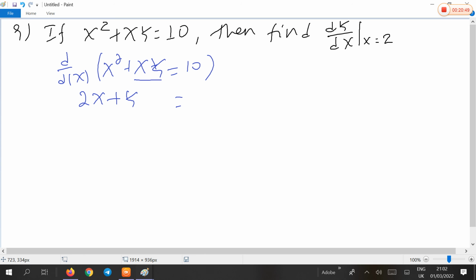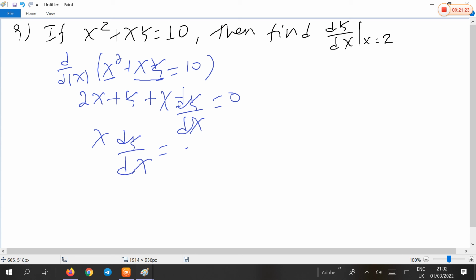Then we will differentiate y, assuming that x is a constant number, so the derivative of x squared is 0 and the derivative of y is 1. 1 times x is x dy by dx, which equals 0. Then to find dy by dx, shift 2x plus y to the right hand side, so x times dy by dx will be minus 2x minus y.